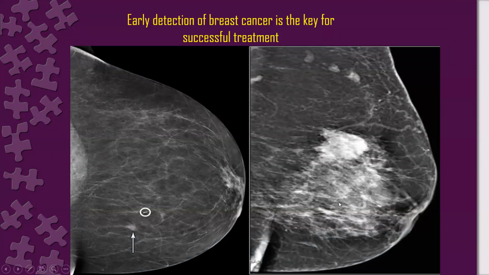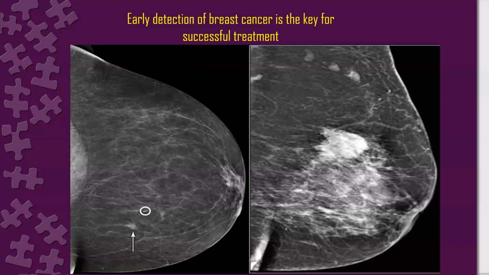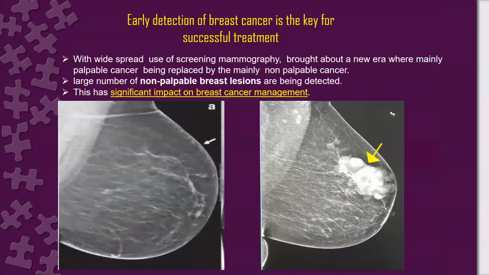Here is another comparison of palpable and non-palpable cancer. In this case, you can see a large palpable high density irregular mass with a lot of reaction in the surrounding tissue and intramammary involvement, with malignant lymph nodes, compared to this almost normal mammogram, except for a small evolving focal asymmetry due to a non-palpable breast cancer.